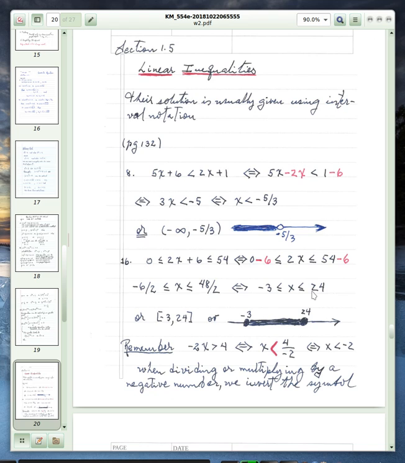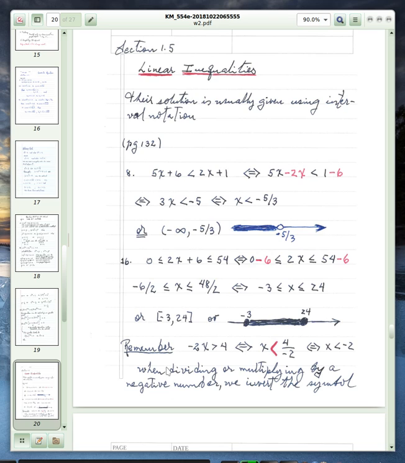That is, x is any number between -3 and 24, including -3 and 24. And because you have equality allowed, you use brackets for the solution when written using interval notation. And when you graph it, you do it like this. You don't leave an open hole, but a closed hole.